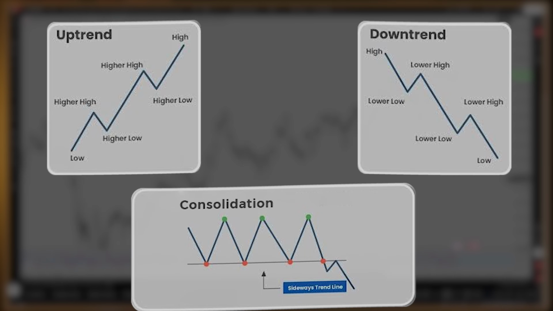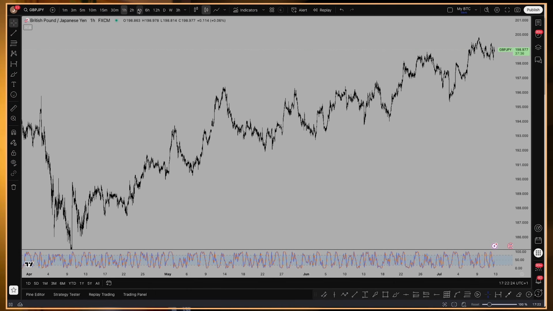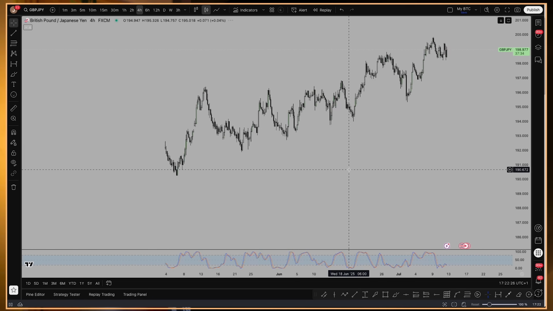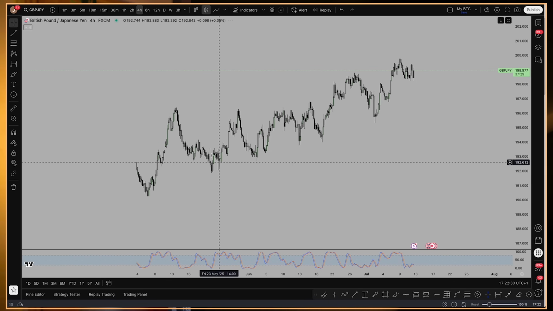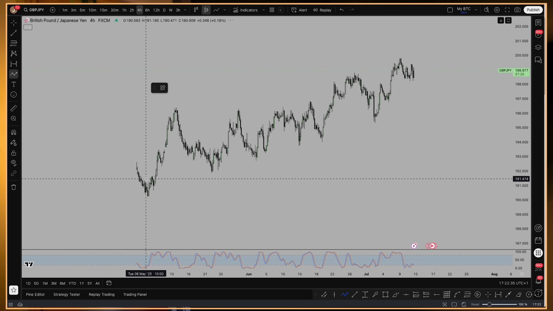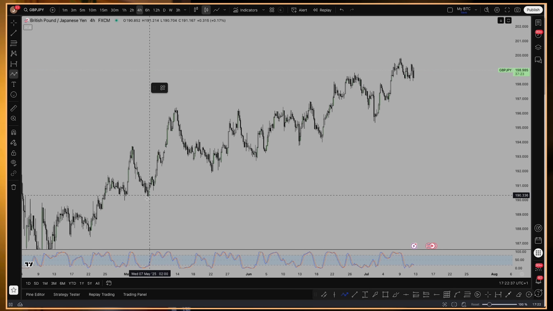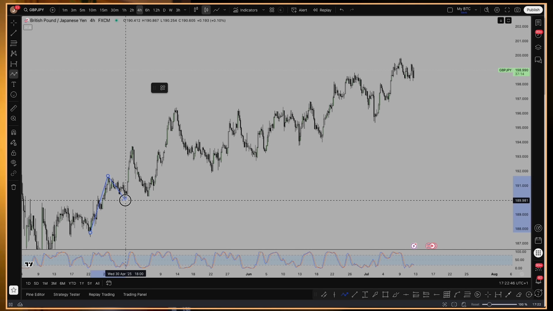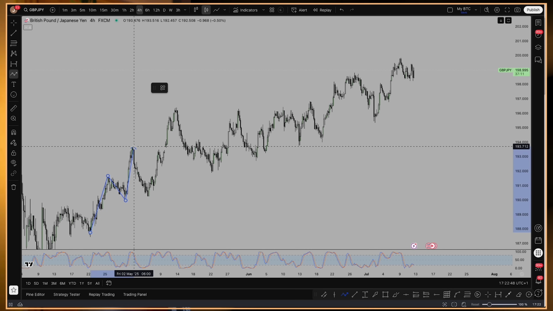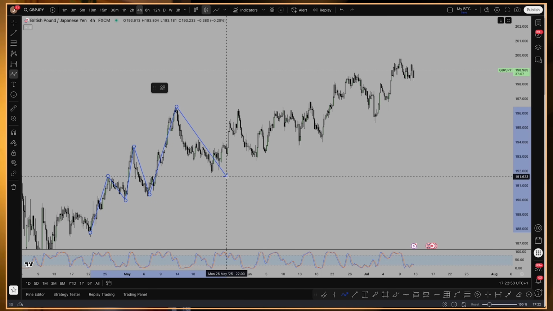So what do I mean? Look at this particular market. Let's go to the 4-hour time frame. Here, see that GBP USD is trending up. What do I mean? It means that the market is making higher highs and higher lows. So for example, this is a low, this place is a low, then the market went up, made a high, came down, made a low, went up, made another high, came down, made a low, high, low.